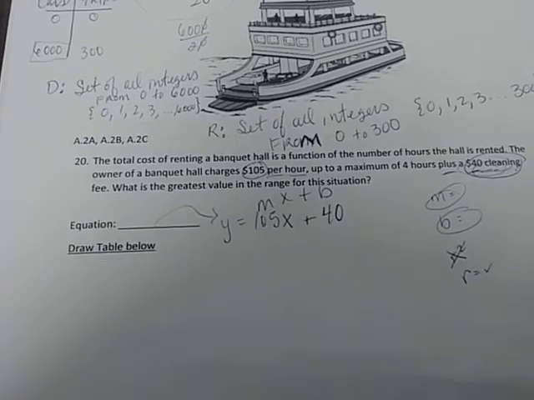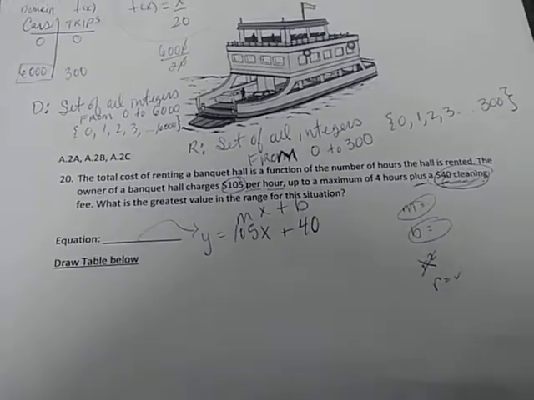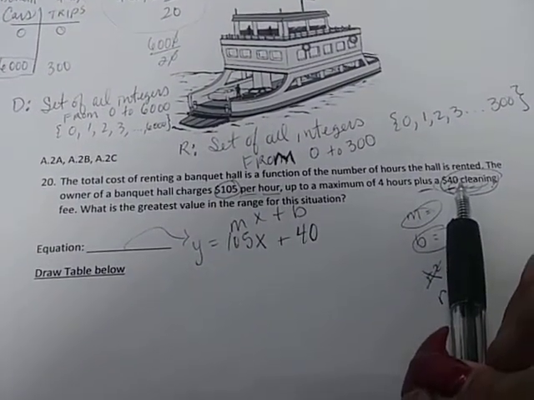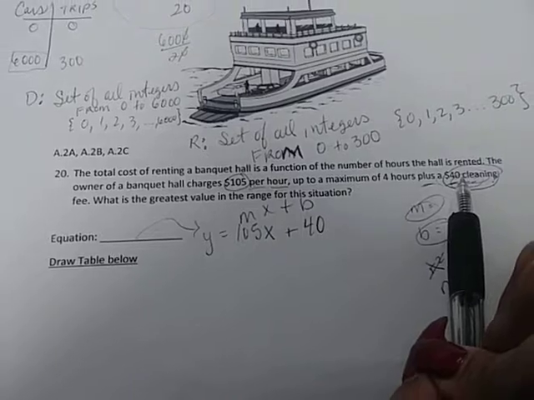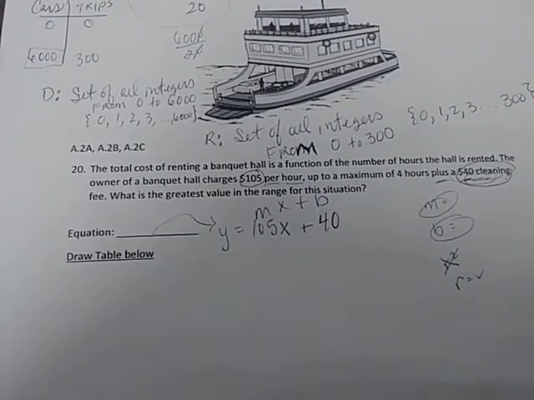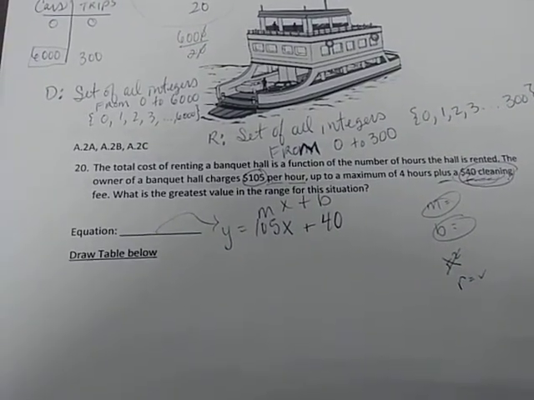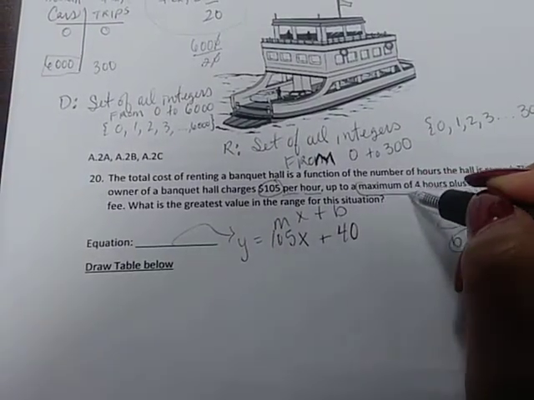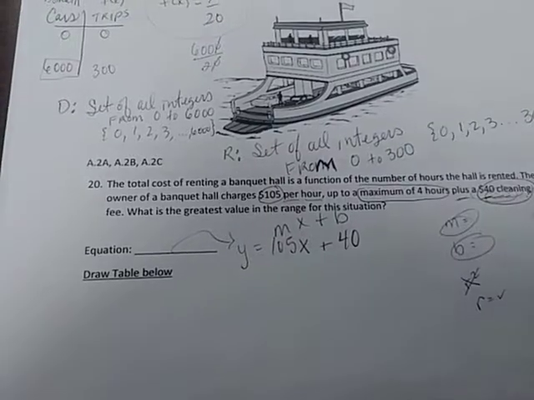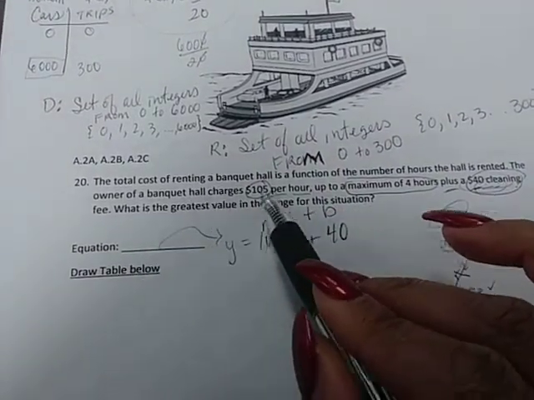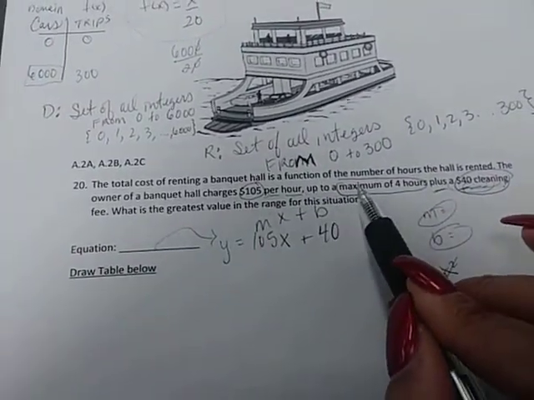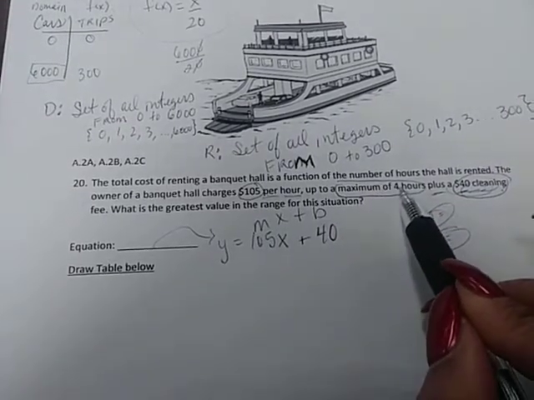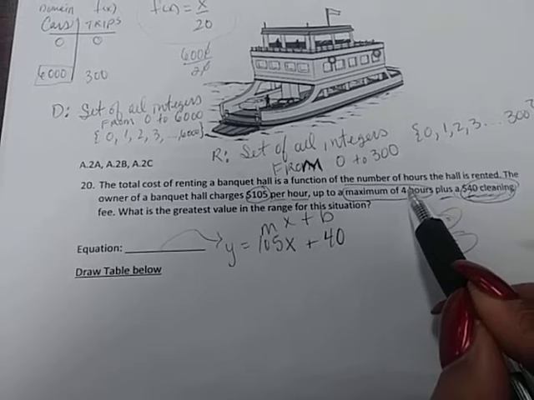This time I'm not using the calculator. I'm just putting in M and putting in B. Okay, so the owner of the banquet hall is going to charge this, but only up to 4 hours. So I have a maximum amount of 4 hours.